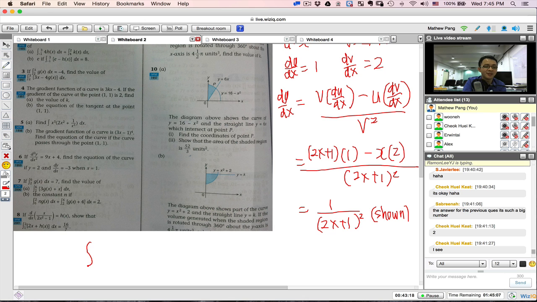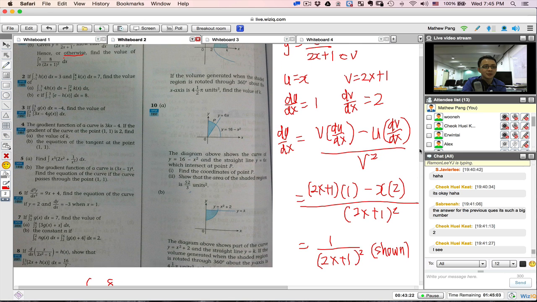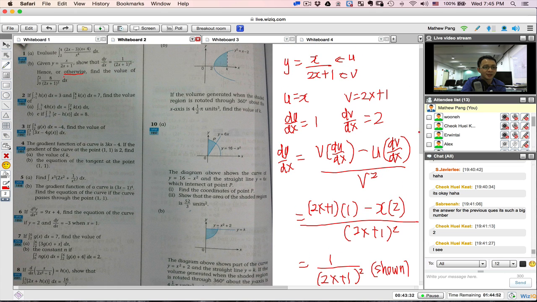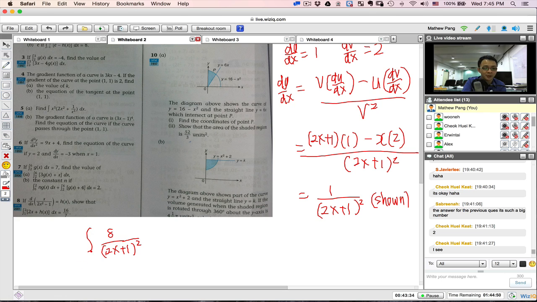So if I integrate 8 over (2x plus 1) squared, and then I believe the question gives you some limit, isn't it? 0 to 2. Alright, so if I integrate this one, first, a constant value you can take out. I take the 8 out, 0 to 2.